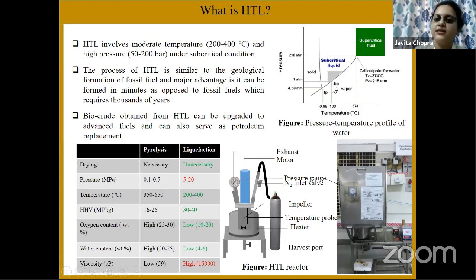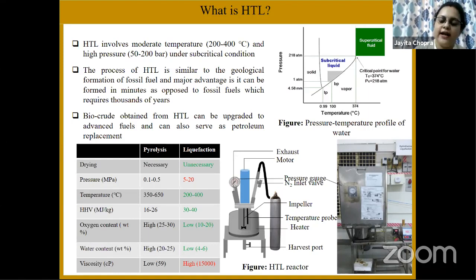The liquid state of water here is maintained by the high pressure. Water itself acts as an organic solvent, and it's not essential to add any catalyst or other organic solvent. The process is very similar to the geological formation of fossil fuel, and the major advantage here is that it can be formed in minutes as opposed to fossil fuel, which requires thousands of years.